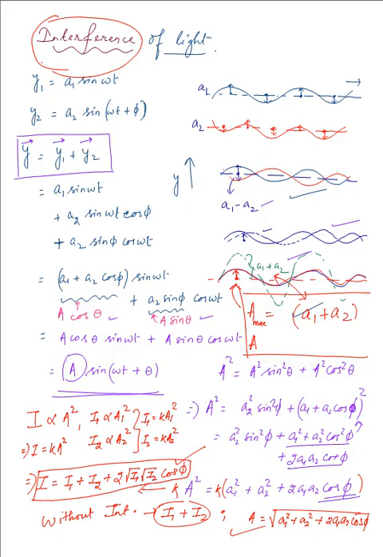And for the cosine of phi being at its maximum value, we will be having the maximum intensity, corresponding to the maximum amplitude that we have obtained. As far as the minimum amplitude is concerned, we know that A1 squared plus A2 squared, with cosine of 180 being minus 1, gives minus 2 A1 A2, which gives me the square root of (A1 minus A2) squared. So this is A1 minus A2, which is exactly what we have written over here.